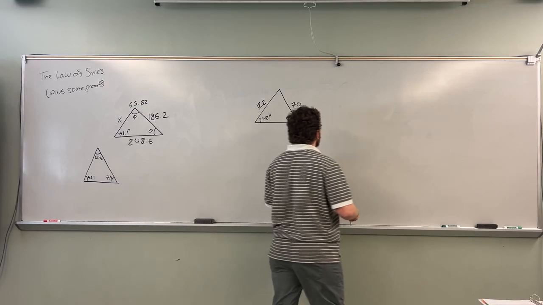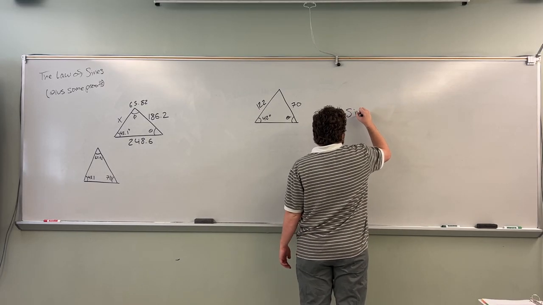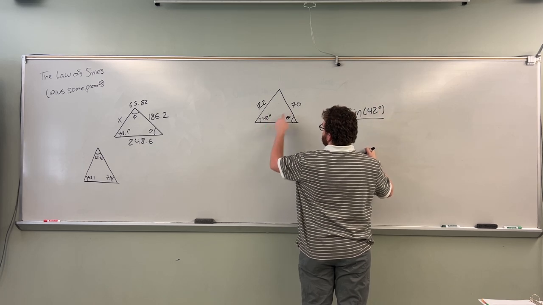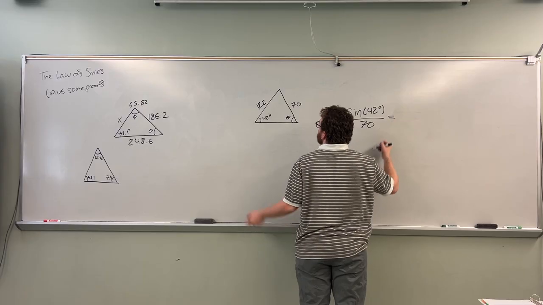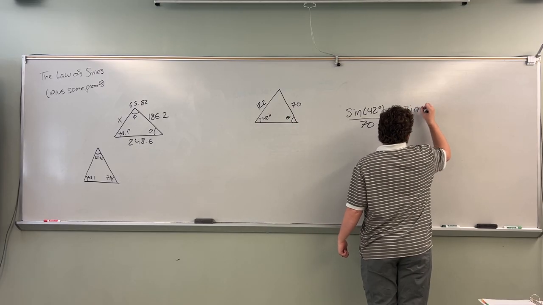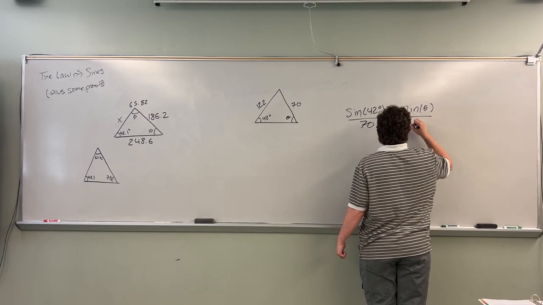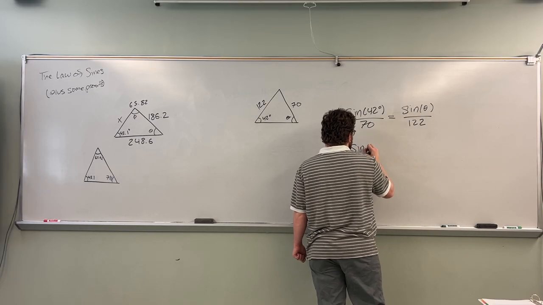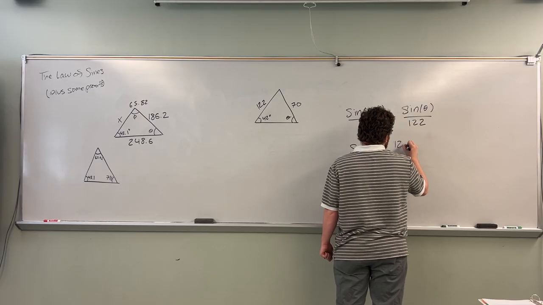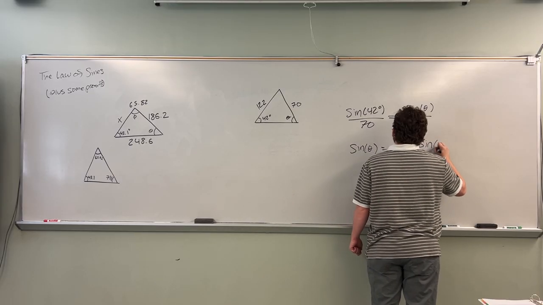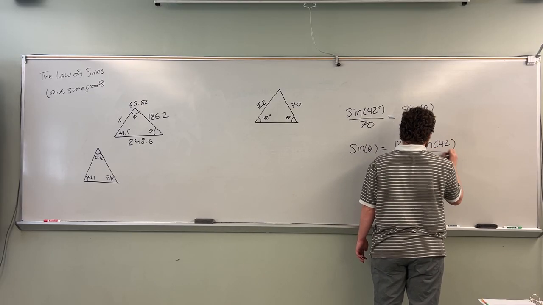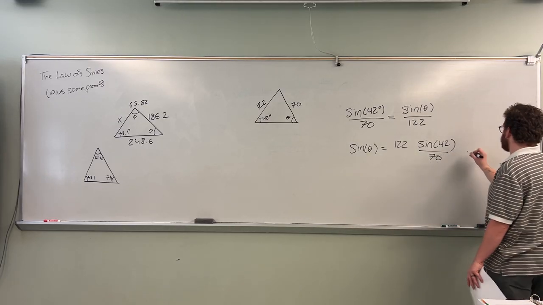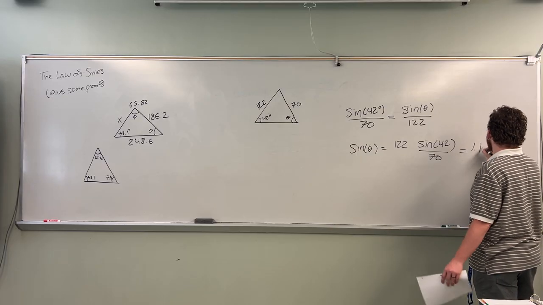And just from the first bit of law of sines, I have that sine of 42 degrees over 70 equals sine theta over 122. Then I get that sine theta equals 122 sine 42 over 70. Which, if you punch this into your calculator, comes out to 1.17.